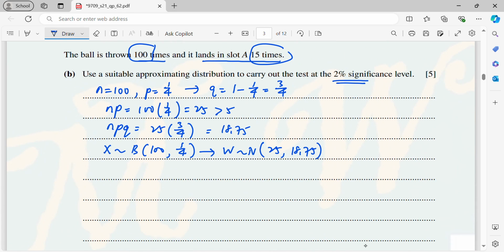Now, alpha is 2%. Reject H0 if... now look at here.